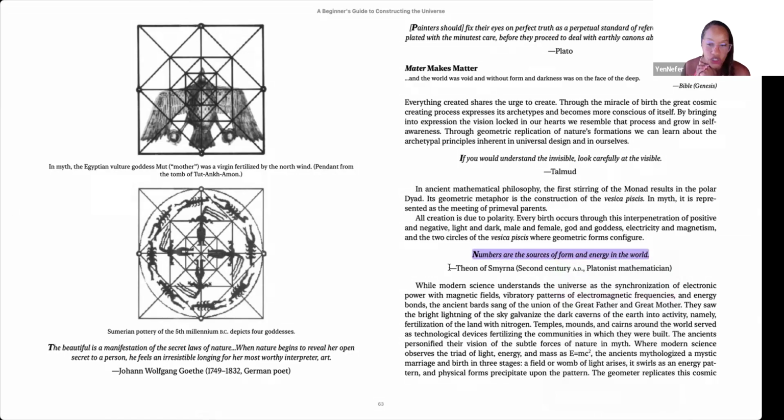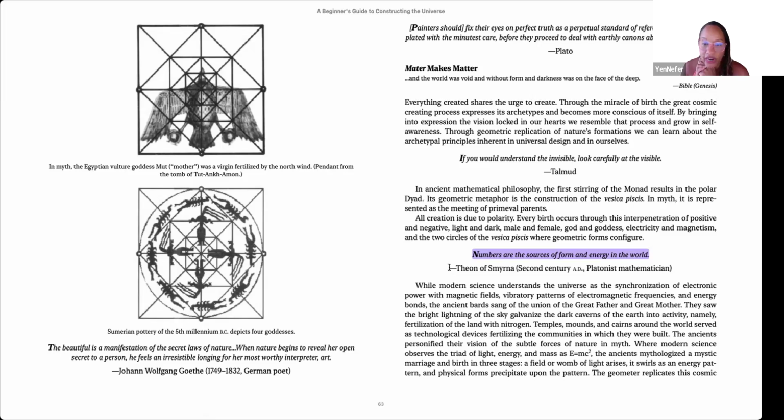While modern science understands the universe as a synchronization of electronic power with magnetic fields, vibratory patterns of electromagnetic frequencies, and energy bonds, the ancient bards sang of the union of the Great Father and Great Mother.